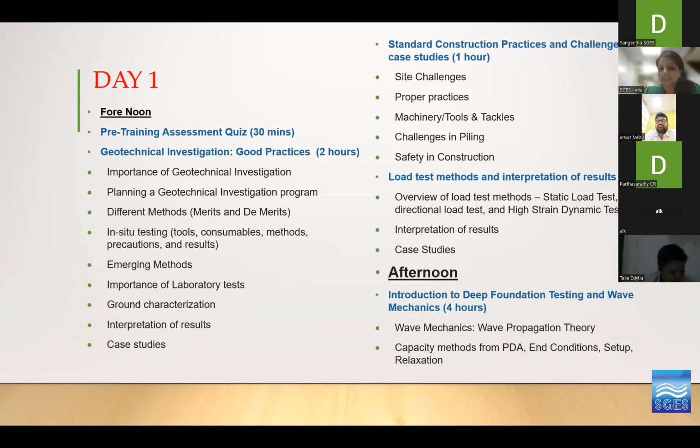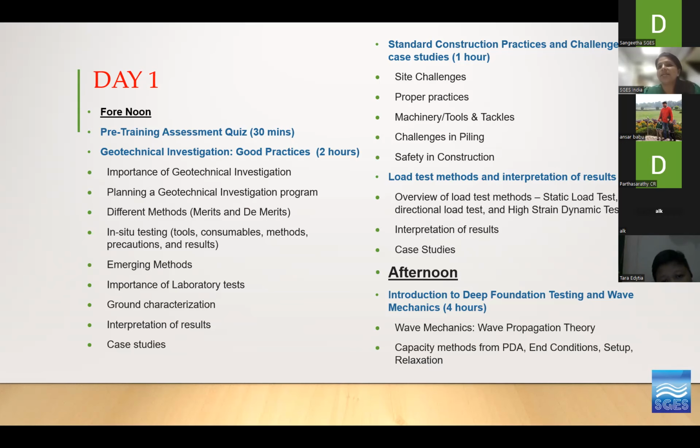Before that, we always start our program with a pre-training assessment quiz, in which you can see which stage you are at. We recommend this program for beginners, intermediates, as well as experts. You will get an overall idea about QA and QC in deep foundation testing.